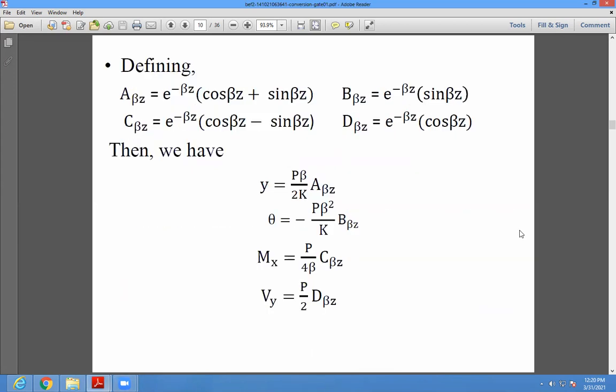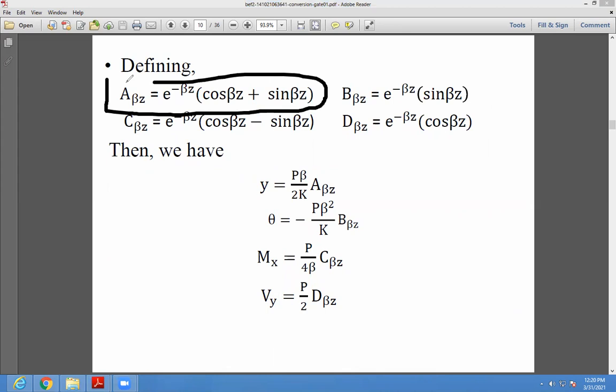Next, write down the equation of A beta Z. So sine 0 is 0, cos 0 is 1, e raised to 0 is 1.